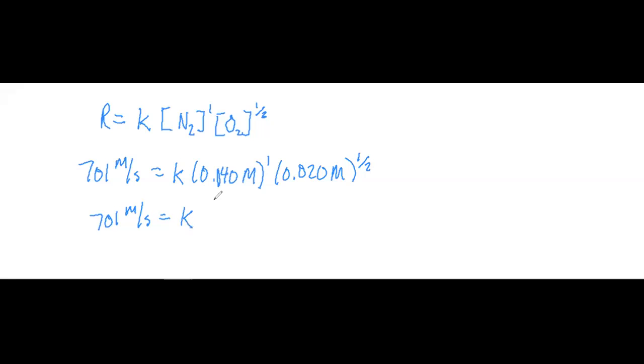If I combine the 2 molar terms and multiply, 0.04 times 0.02 to the 1/2 power, 1/2 power is square root. So I would get 5.7 times 10 to the -3rd molar to the 3/2 power. 3/2 because I have molar to the first plus molar to the 1/2.